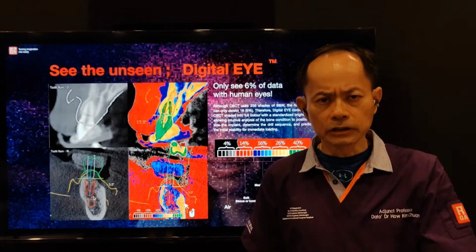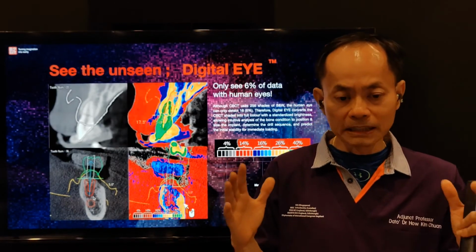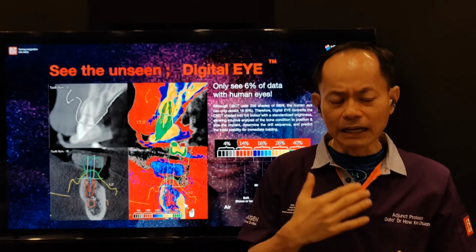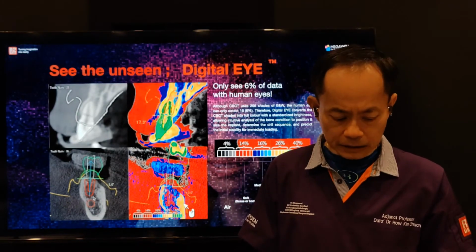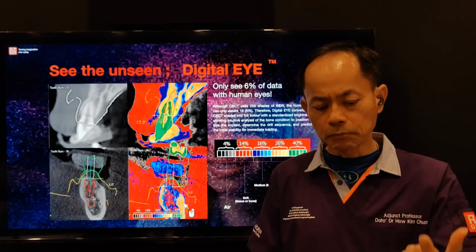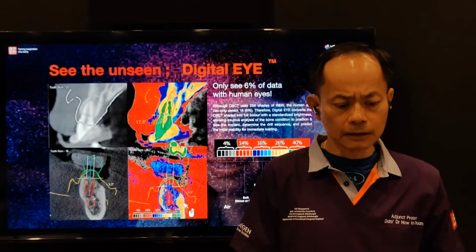Therefore, we don't need to recalculate the magnification factor again, and everything is just what you see is what you get. With that, you will find that the surgery planning is a lot more accurate than previously.